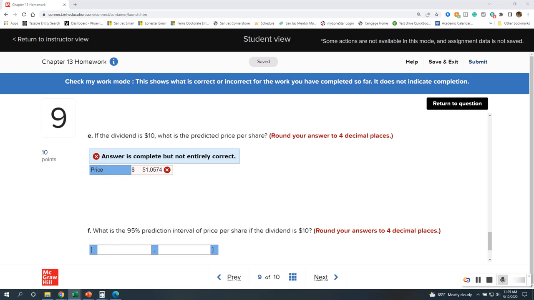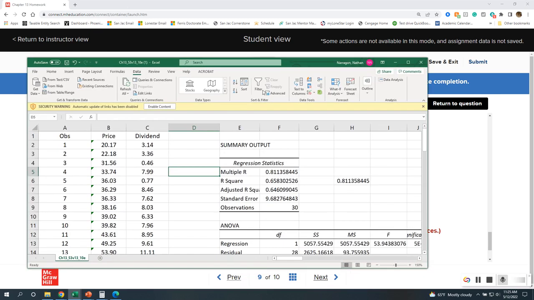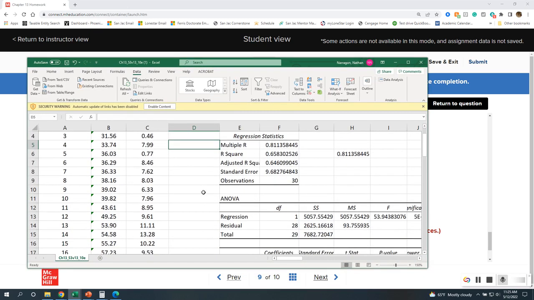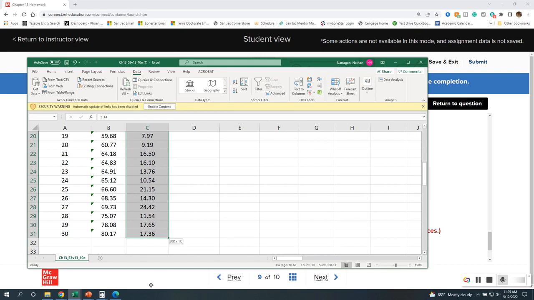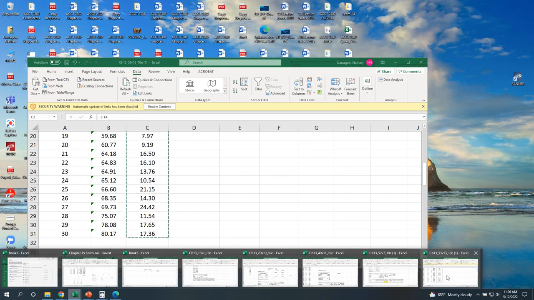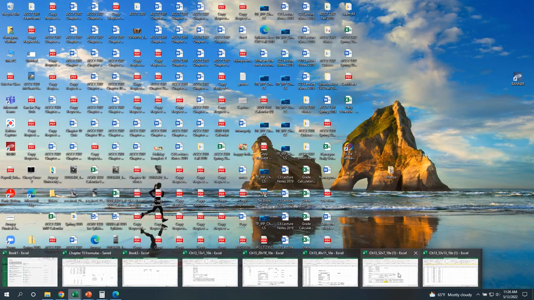It won't let me change any part of the array on this one. So we're going to go ahead and copy these numbers. I'm going to find my nice little chart that we've already done. These two.